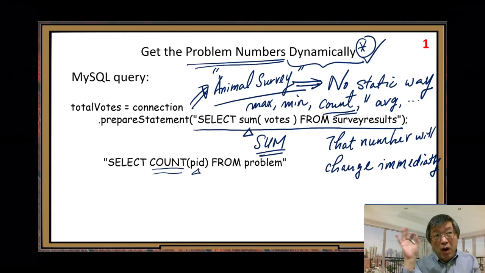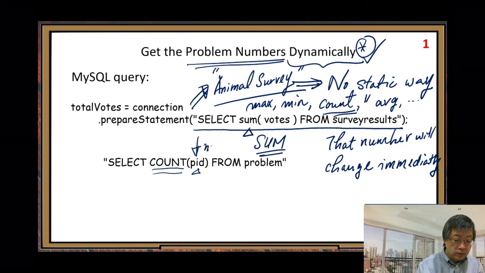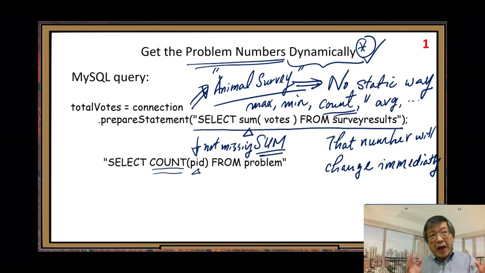For other fields, it could be missing, because sometimes you have a missing field, and then when you count, it won't be counted. So you count this field whose value is not missing. We guarantee one problem has one PID, and that PID is counted as one. That's what we need.